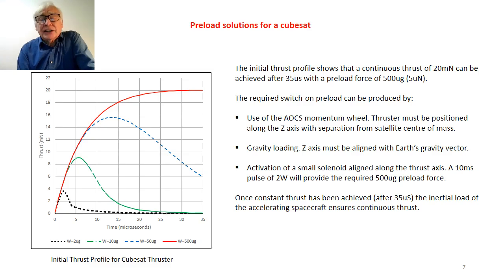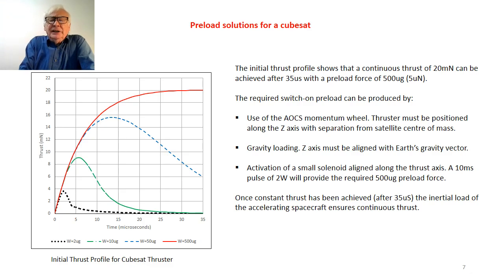You only actually reach a constant level of thrust if you apply 500 micrograms, which is equivalent to 5 micronewtons of preload to this CubeSat thruster. So you need 500 micrograms of preload, and how can you get it? Well, there are a number of ways.